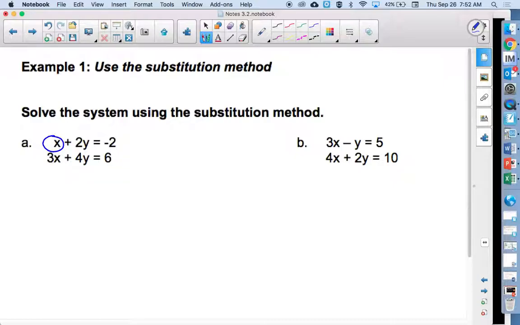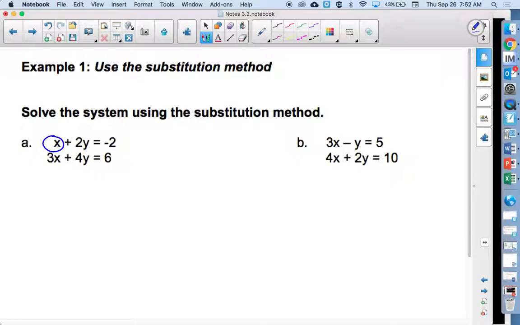So if you have a variable that has a coefficient of 1 or negative 1, that variable is pretty easy to solve for. If you solve for a variable that has a coefficient in front of it and you have to divide and get fractions, then you probably should pick a different variable. You don't want to get fractions in your problem if you don't have to. So when you look at the 4 options, 2x versus 2y, pick the variable that has a coefficient of 1 or negative 1 in front of it.